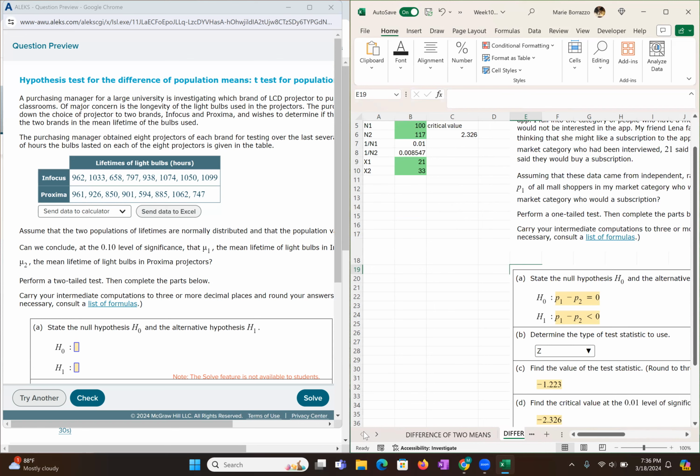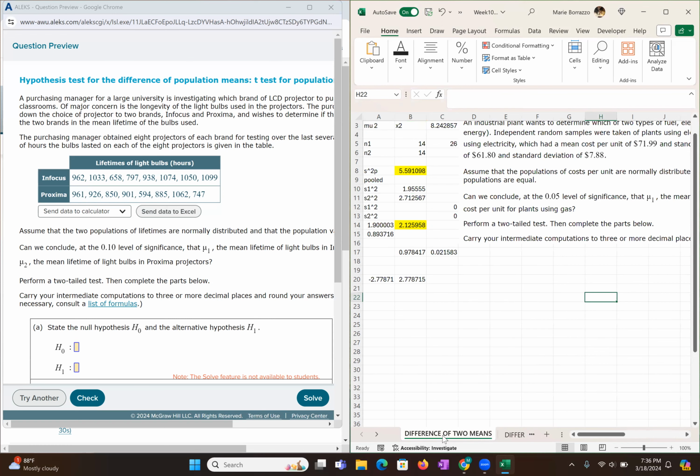Difference of two means. What is this one? This is a good one. We could use this one. So N1 is our first data set. And let me see if I can do it this way.